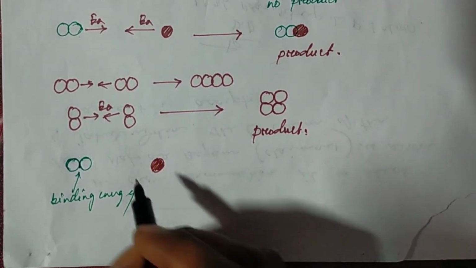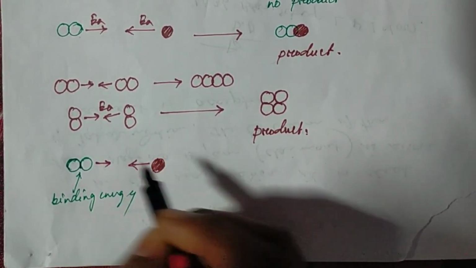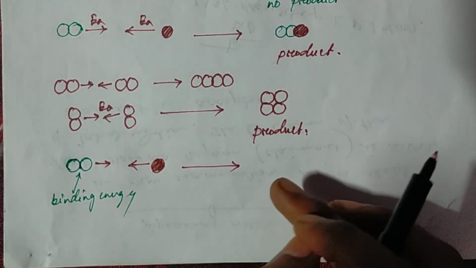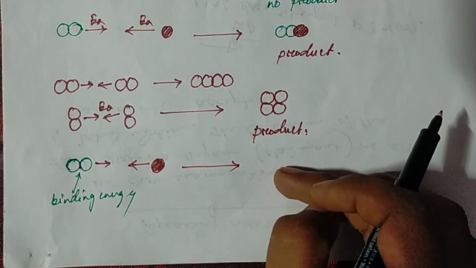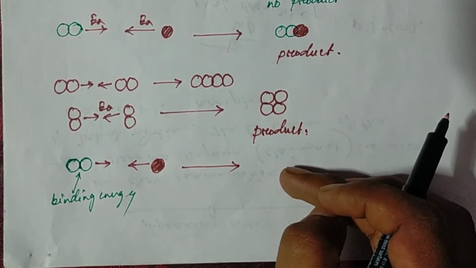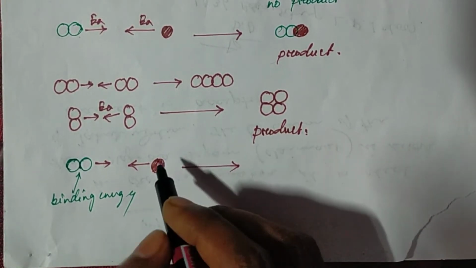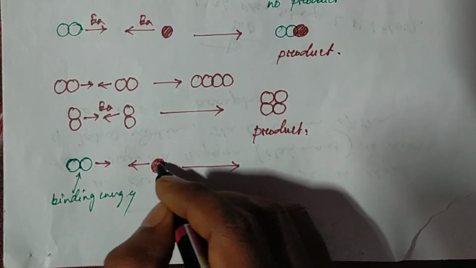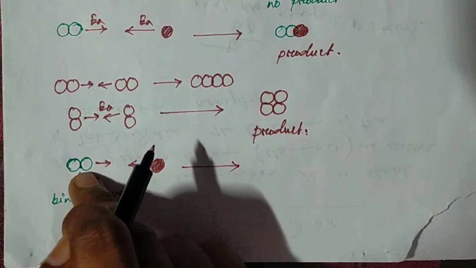Suppose another molecule is coming here, and they are going to collide, and it will give a product or not. It will depend upon the energy with which this molecule will collide to this molecule.